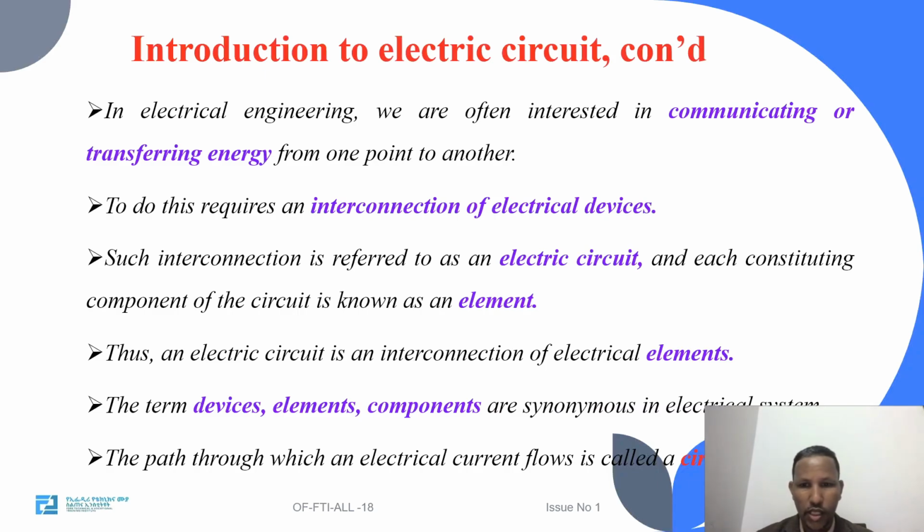This electric circuit is composed of electrical components, devices or elements that build up the required circuits. So an electric circuit is an interconnection of electrical elements, and the path through which an electrical current flows is called an electric circuit.